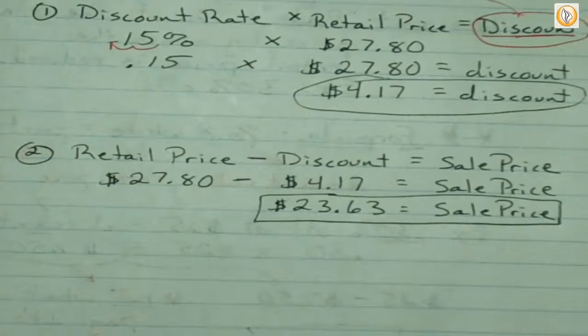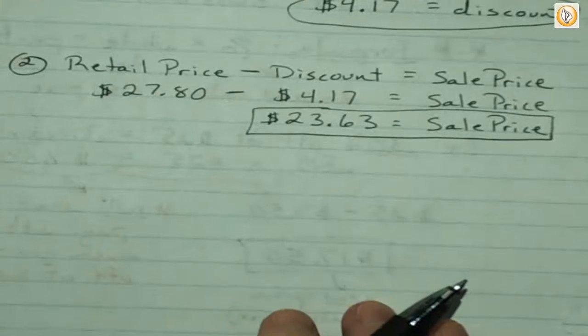Sometimes when you see 30% off, 15% off, you get so excited until you do the math and you're like, it's only $4. Hey, good job. Doesn't that feel good? Okay. Any questions?